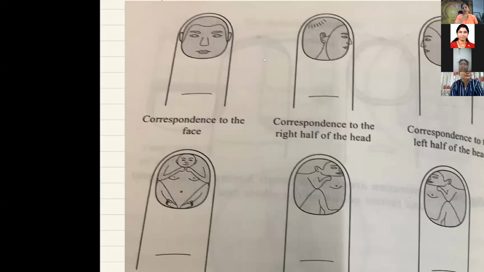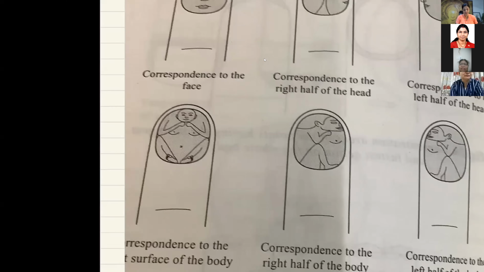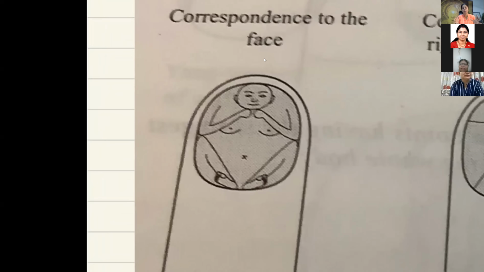Now, you see, sometimes you can experience that your body is feeling very cold. When you feel that your body is very cold and weak, and you feel body aches and fatigue, in that case massage all the fingertips, and don't leave it until your fingertips become warm and red.